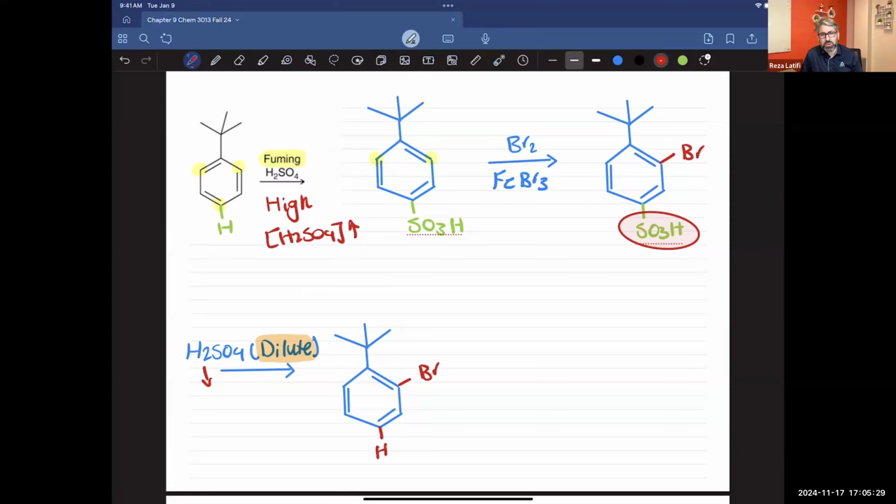Now that I have only the ortho position, wherever we add the bromide, it will be in the ortho position relative to the alkyl group. And next step, I will remove the blocking group by simply diluting the solution, and that's going to give me my product. I'm going to stop the lecture here, and thank you very much.